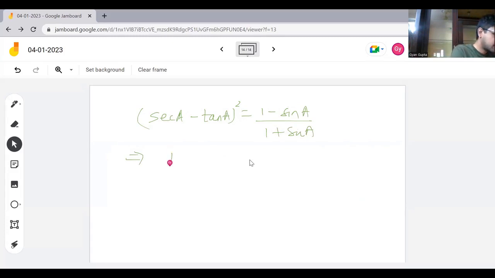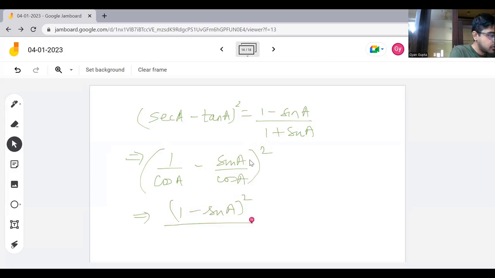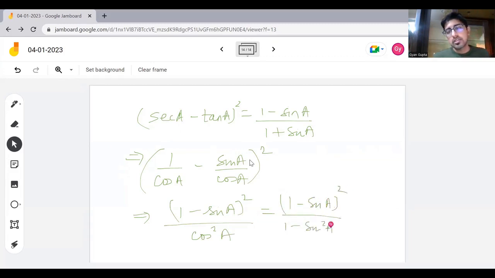I'm going to write this as (1 by cos A minus sine A by cos A) the whole square, which is my LHS. Problem solved. This can be written as (1 minus sine A) the whole square by cos square A. From the first trigonometric identity, we know cos square A is equal to 1 minus sine square A, and 1 minus sine square A is (1 plus sine A) into (1 minus sine A).